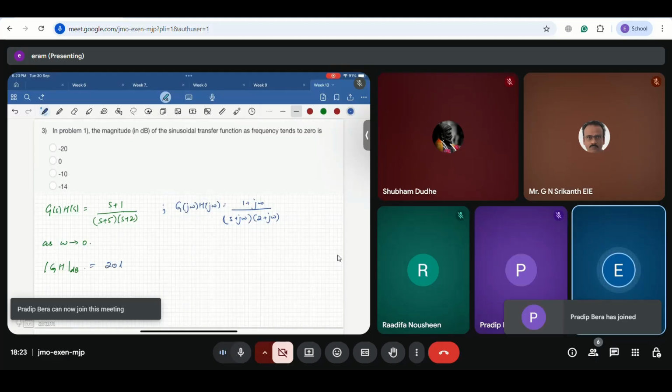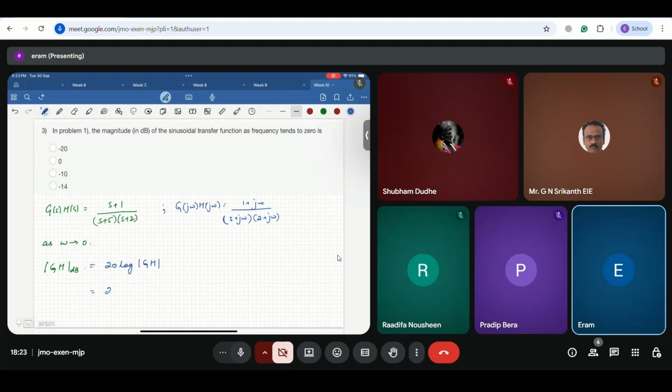It is 20 log magnitude of G into H. So it is 20 log of the magnitude of the numerator, which is under root 1 plus omega square, and the denominator part we can directly subtract, so it is minus 20 log of root of 25 plus omega square and minus 20 log of root of 4 plus omega square.